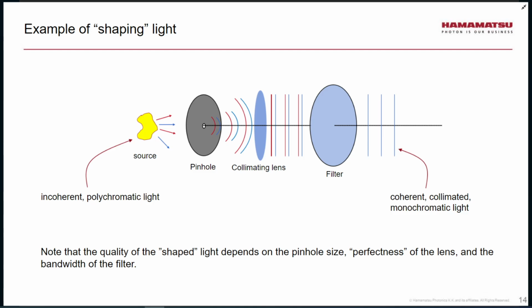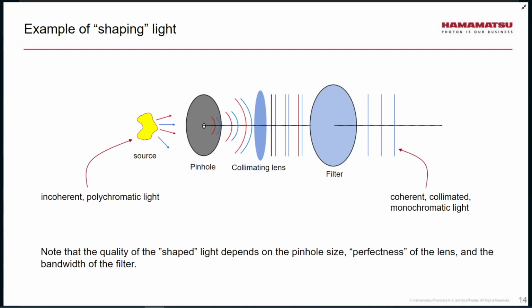In this example, we have some polychromatic source, and I would like to create light that is coherent, collimated, and monochromatic. And by coherent, I mean spatially coherent.